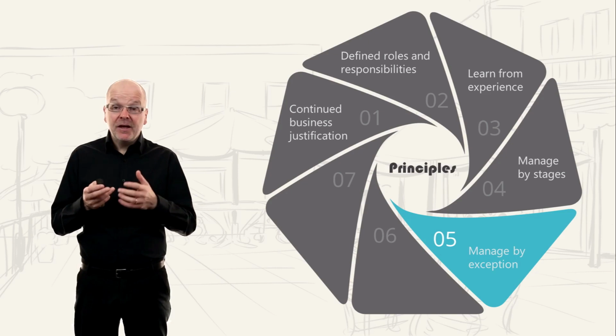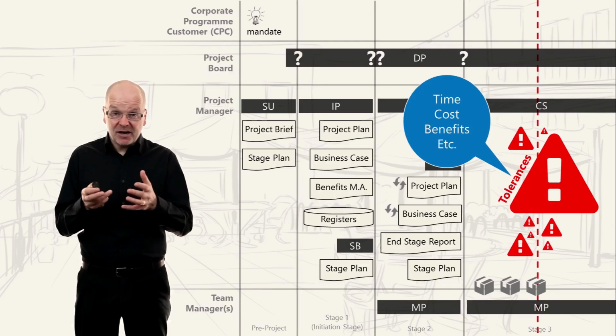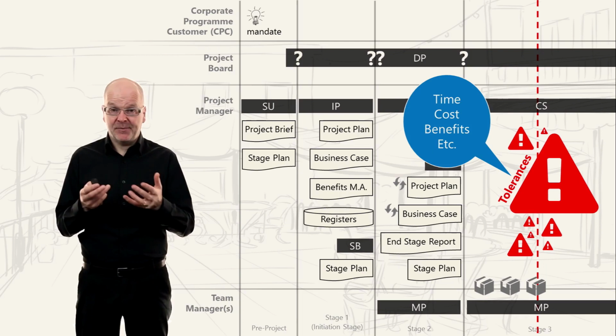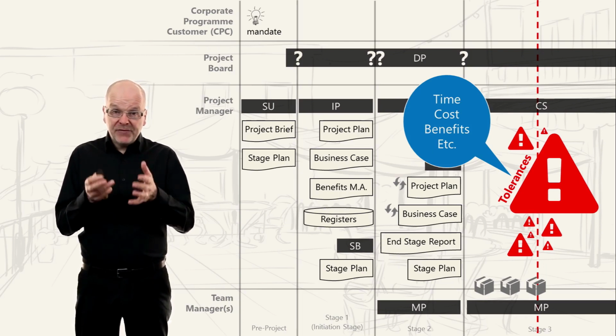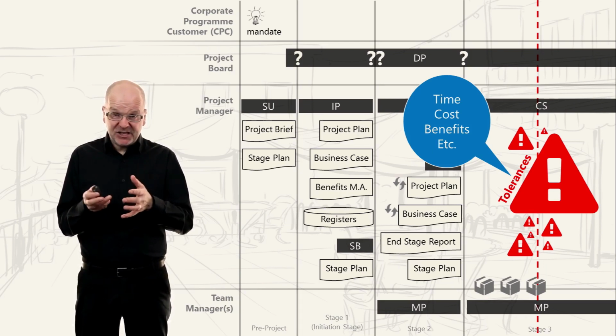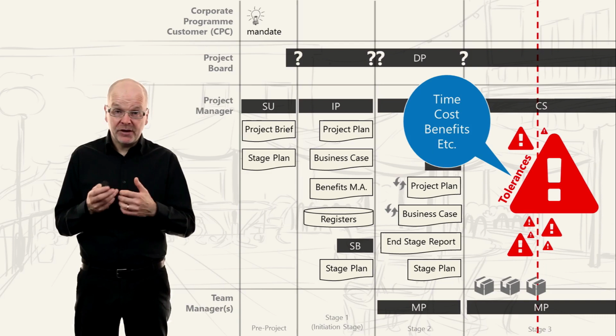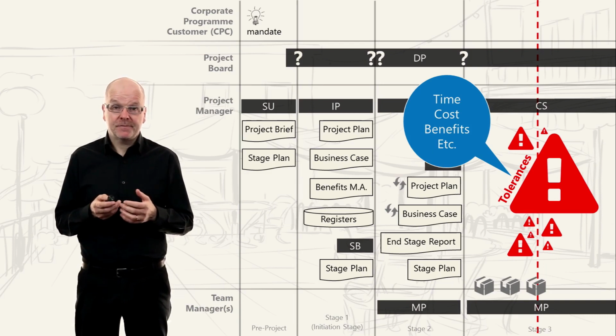Well, the answer is the project board can set tolerances to give the project manager a bit more flexibility. For example, they can give a tolerance of 20% for time or costs. So if there is an issue that delays the stage by 5%, then the project manager can deal with this without having to run to the project board screaming for help.